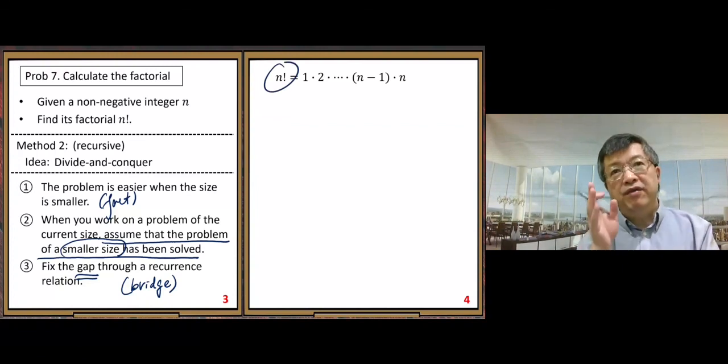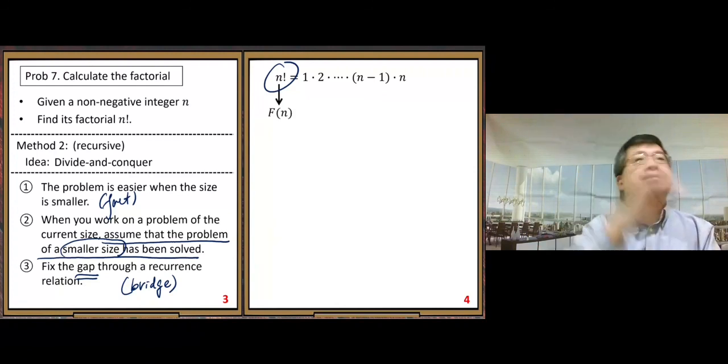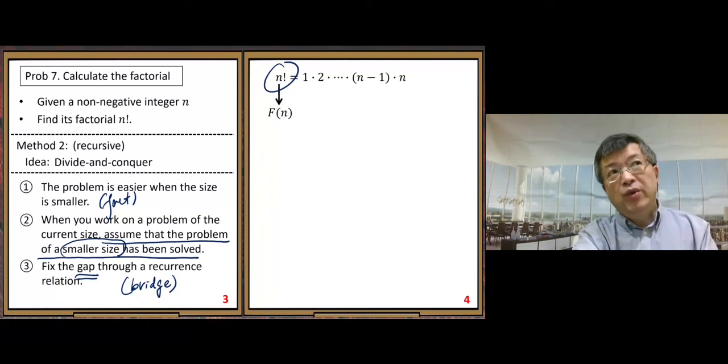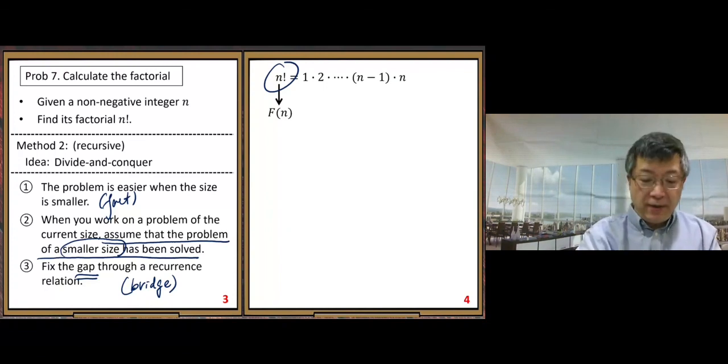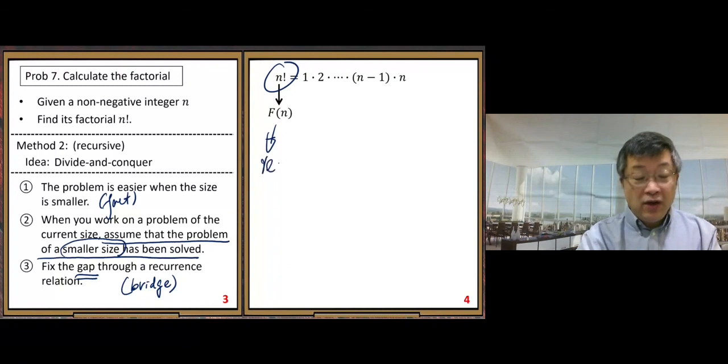So we want to solve this problem. So we define this problem, a function f of n, factorial f of n. The reason is we want to find the value of this function recursively. So we define a function so we can call this function recursively.